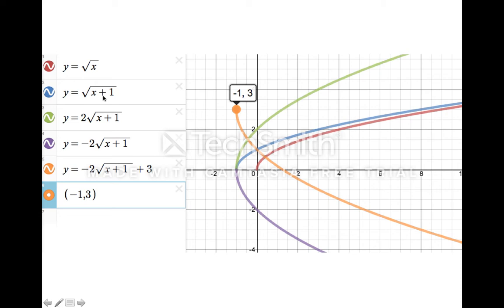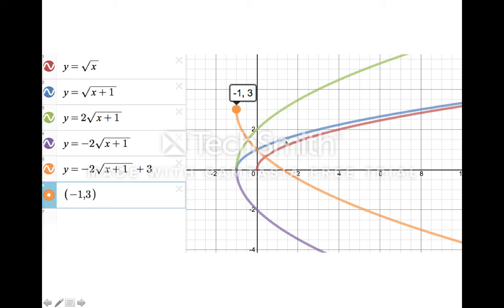Adding a 1 before you take the square root is going to move it horizontally. If you're adding 1, it's actually going to move it to the left. So this red graph is going to move to the left 1 unit.